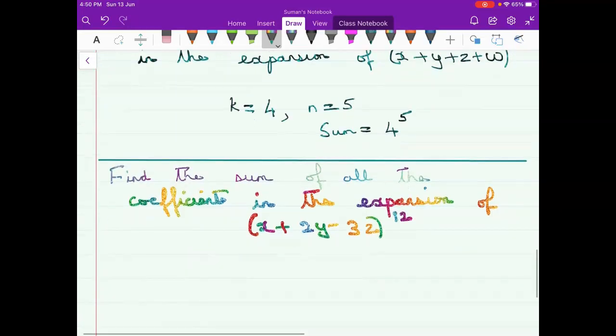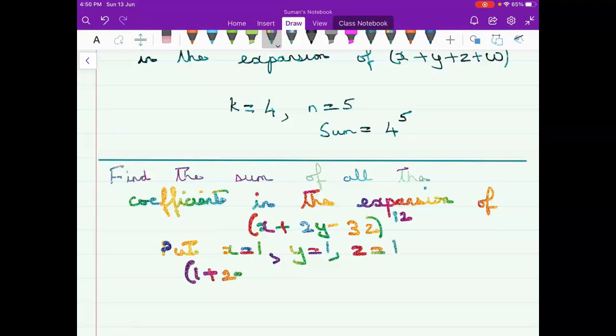So here what we would do is, we would put x equal to 1, y equal to 1 and z equal to 1. So what do I get? 1 plus 2 minus 3 raised to 12 would be summation 12C n1 n2 n3. There are 3 terms here.